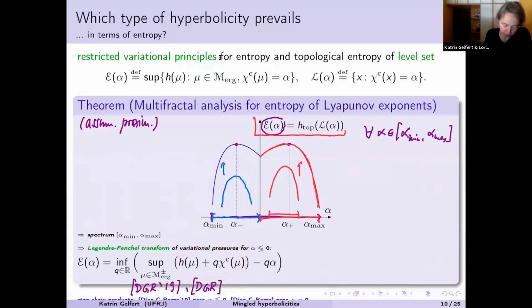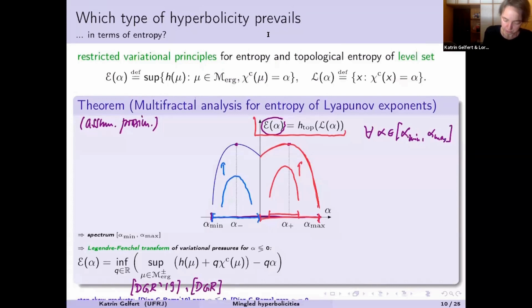I just wrote here this formula that states that this function E of alpha is in fact the Legendre-Fenchel transform of corresponding variational pressures that take care of ergodic measures with positive and negative Lyapunov exponents respectively. And well, you show that this is a concave function, hence continuous, but in general, for example, questions like if it's differentiable, we don't know. So there are many open questions. Some of you perhaps find them interesting. Well, I find them still challenging, but I'm not going to talk about all of this.